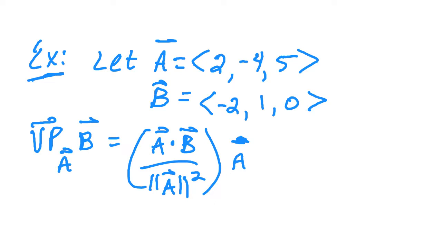All right, so let's just figure out what this is. What is A dot B? Well, once again, multiply the corresponding elements and add the results. So this is going to be 2 times -2 is -4, plus -4, plus 0 is -8. Okay, so you can double check my work on that.